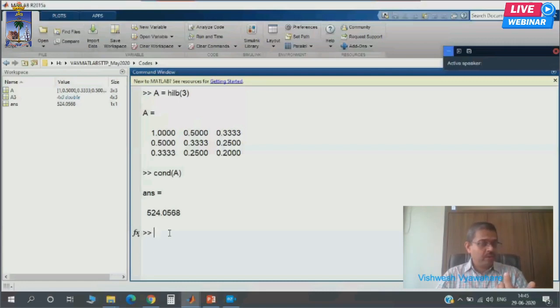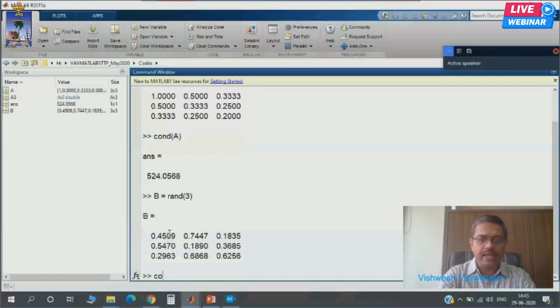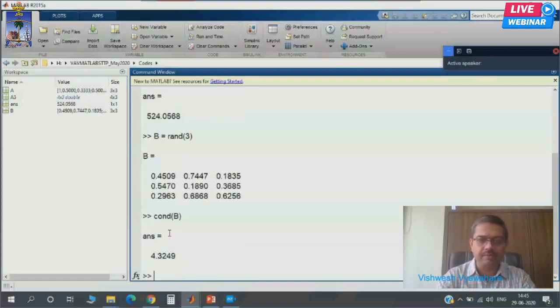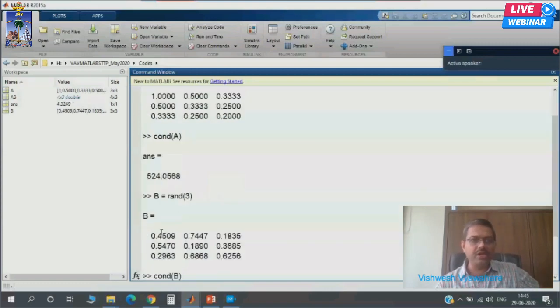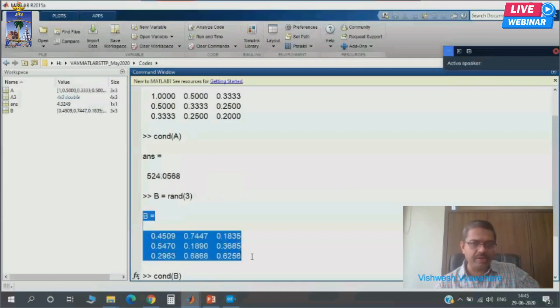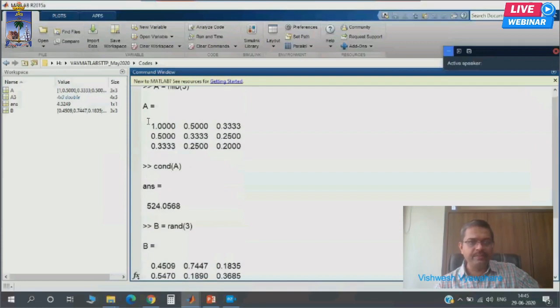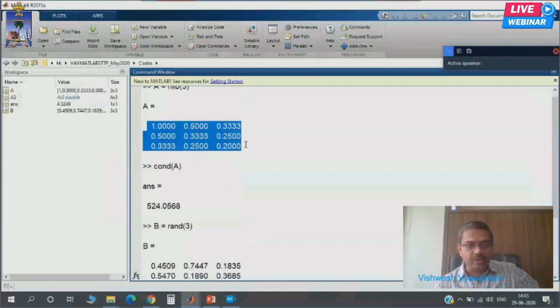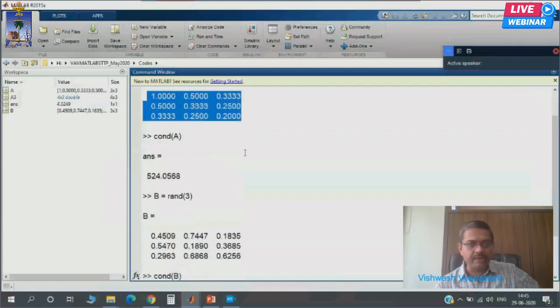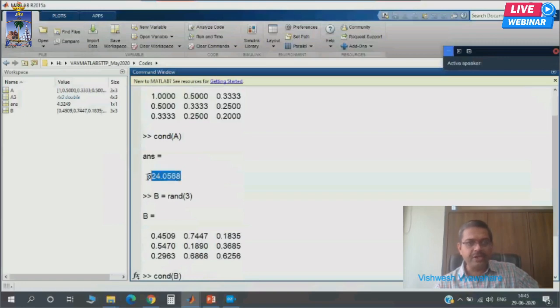If you want to see a comparative study, let us define another matrix B, which is rand(3), and find out the condition number of B. You see the condition number of this 3 cross 3 matrix is coming out as 4.3249, and this matrix, which is also a 3 cross 3, is the Hilbert matrix, and the condition number is this.